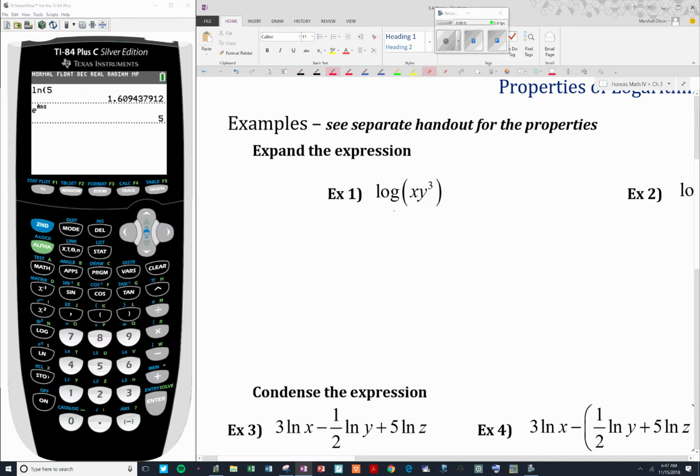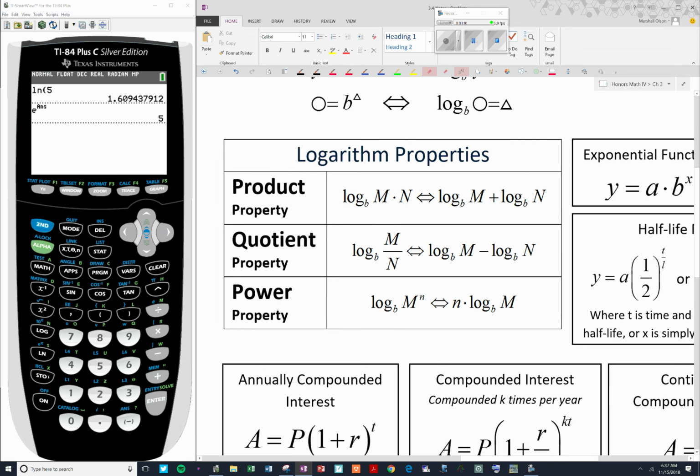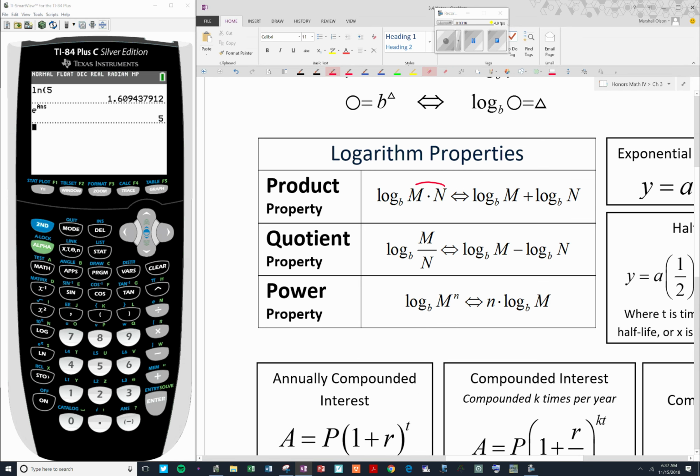Because we're going to have one logarithm become multiple logarithms, and as this thing expands throughout the problem, some of the things we want to remember: multiplication within a logarithm becomes addition between, division within a logarithm becomes subtraction between, and if our power here is taken to another exponent, we can bring that exponent down in front and multiply it to the logarithm.